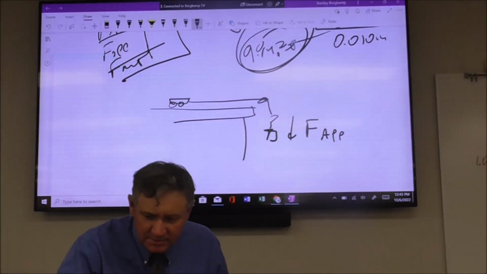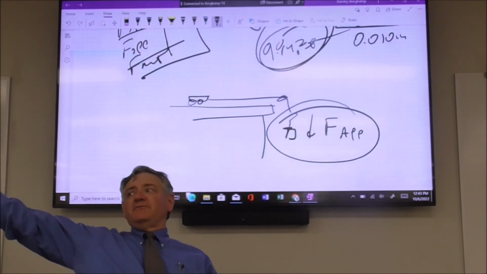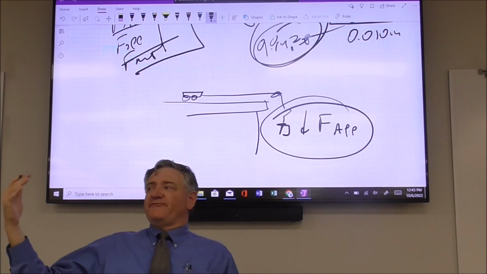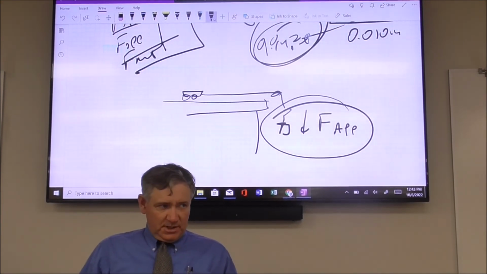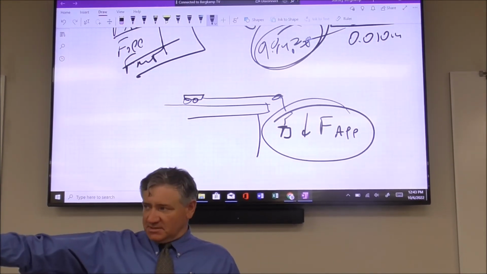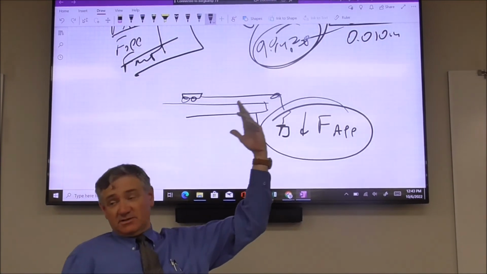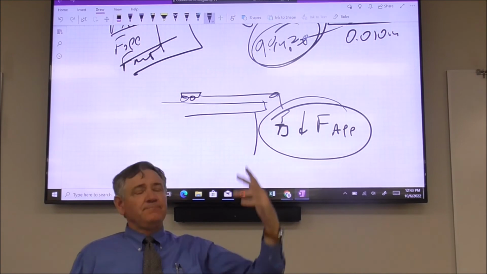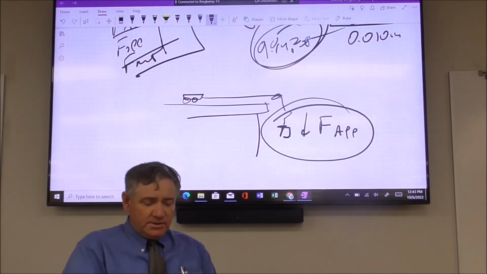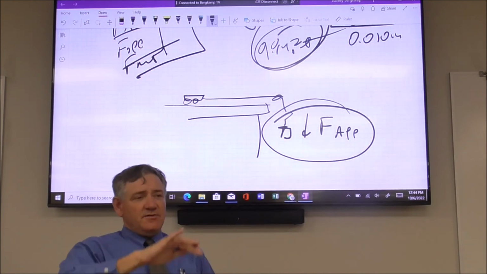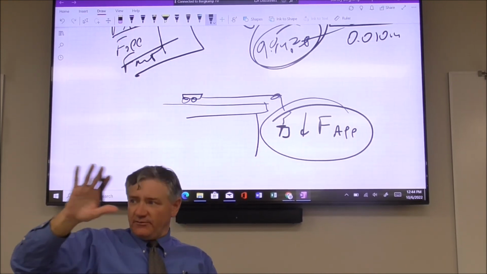So what we're going to assume, just like the Atwood machine, is that the weight that makes it fall is what we're going to call the applied force. The one that has room to fall is going to be the applied force. Now, what we're going to assume initially on the front page is that there is no opposing force.